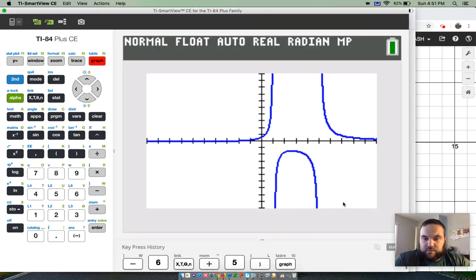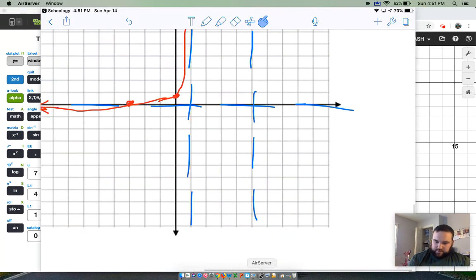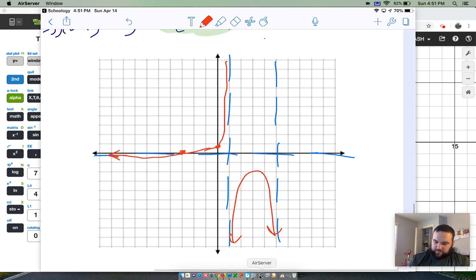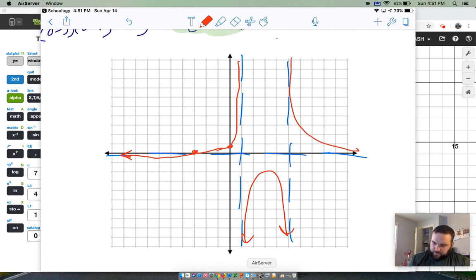So I got this parabola looking thing in the middle, and then this branch coming down from the top. So that's all we're going to do for this, sketch something that looks like that. And then finally it comes up from the bottom. Okay.